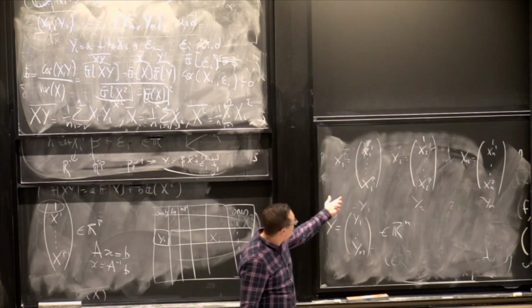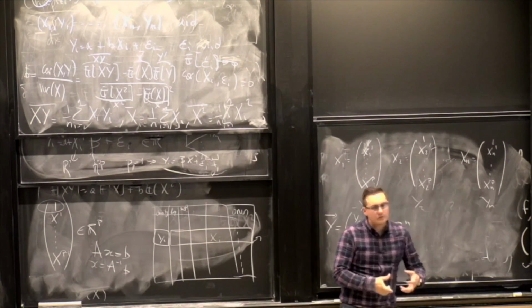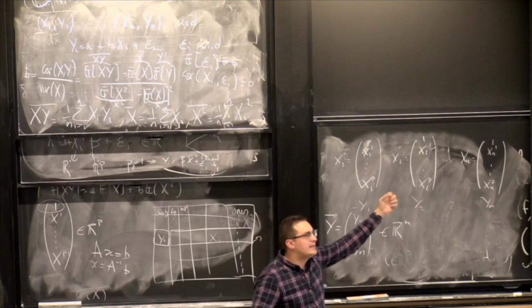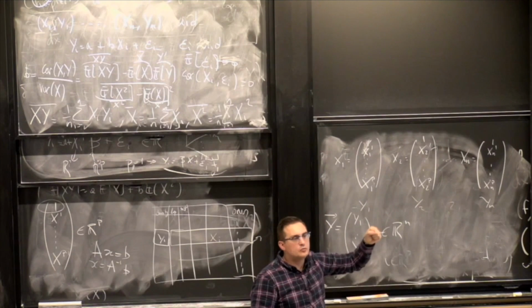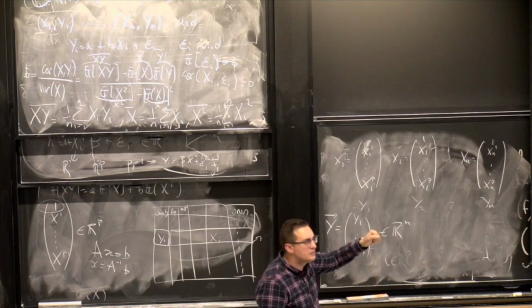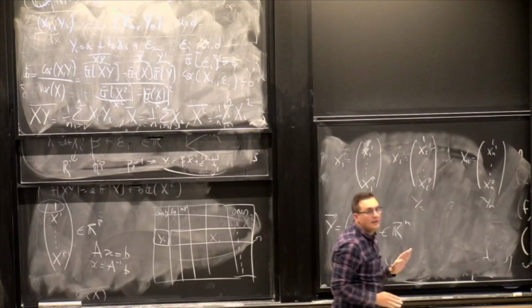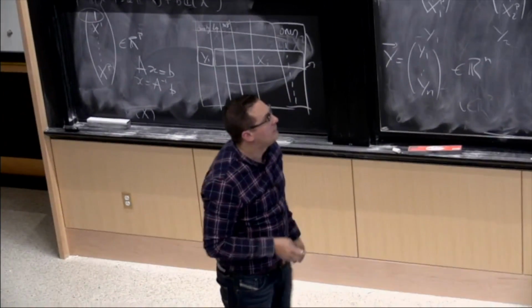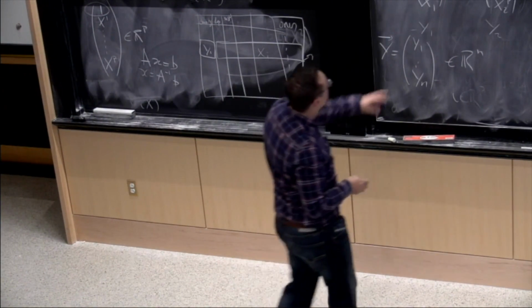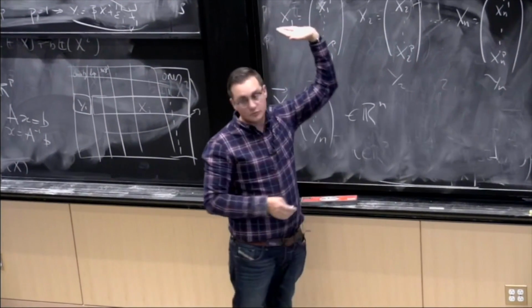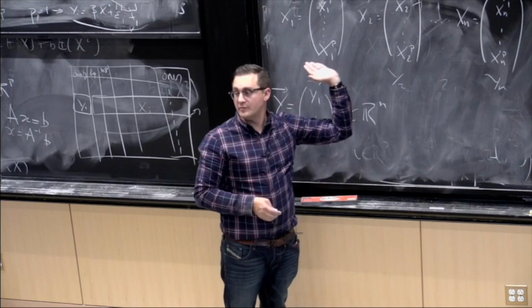Now, if I want to stack those x's together, I can either create a long vector of size n times p. But the problem is that I lose the role of who's a coordinate and who's an observation. And so it's actually nicer for me to just put those guys next to each other and create one new variable. And so the way I'm going to do this is rather than actually stacking those guys like that, I'm going to take their transpose and stack them as rows of a matrix.